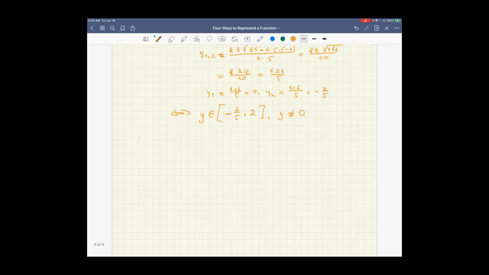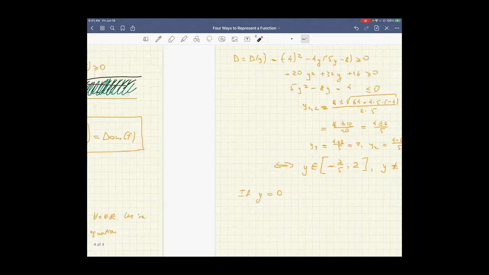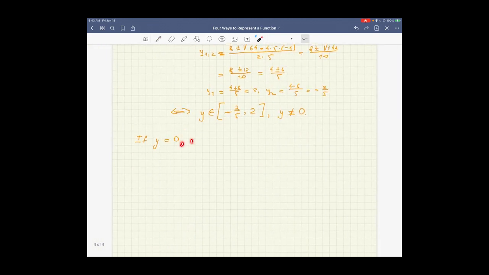If y was 0, we need to look at that equation separately. We want 4x plus 8 over x squared plus 5 to be equal to 0.